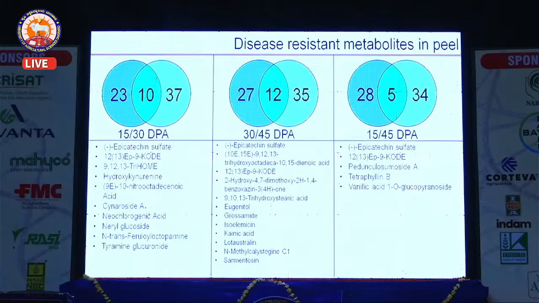Previously we performed the analysis between the peel and pulp of the same stage. Here we performed it between stages. This slide represents the disease resistance metabolites in peel samples, among 15 versus 30 dpa, 30 versus 45, and 15 versus 45. We found that only a few metabolites are common in both stages. Other than that, there are many unique metabolites.